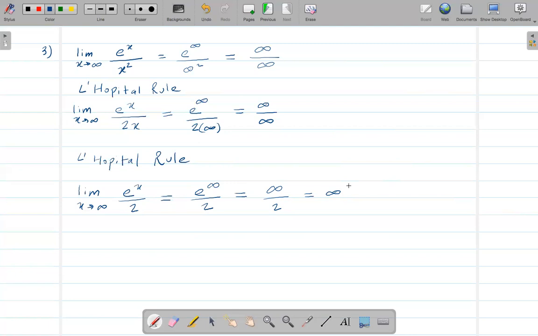The only time we are going to use this is when we have the 0 over 0 case or the infinity over infinity case. Let's say we have the limit as x goes to 1 of (x squared plus 2) over (x minus 1).